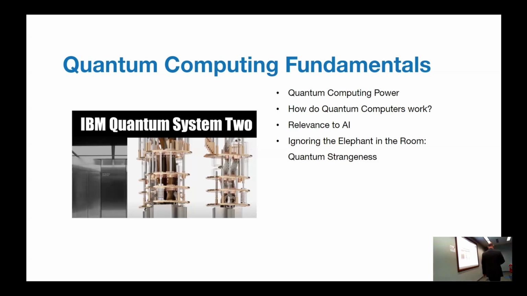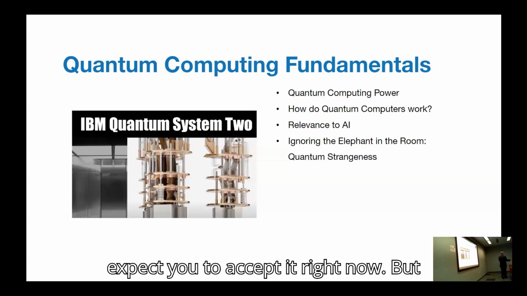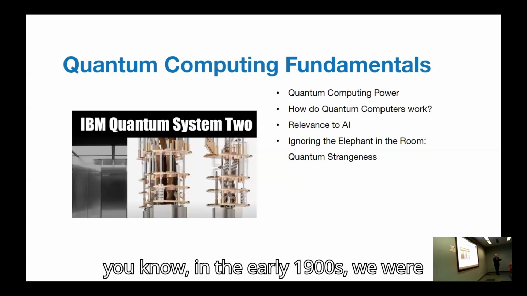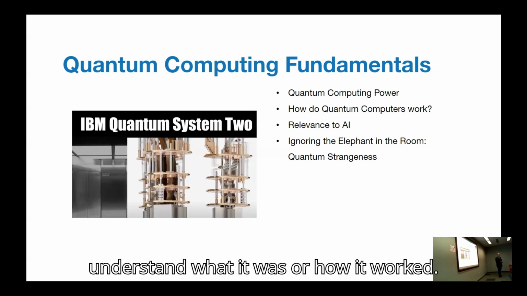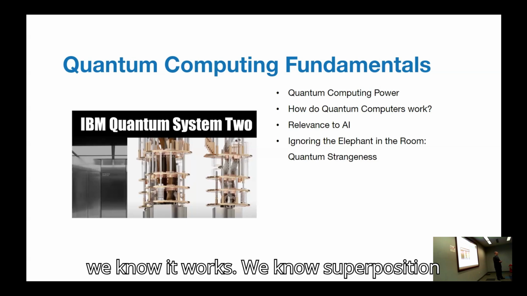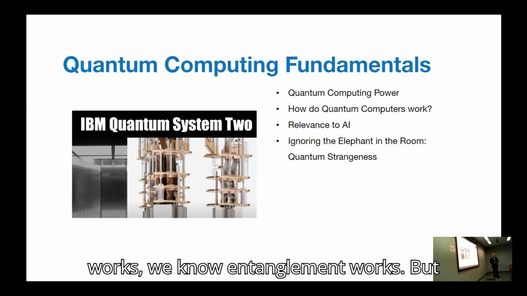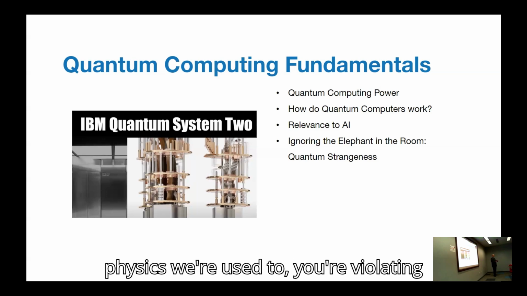All right, now, this took me forever to accept. I don't expect you to accept it right now. But in the early 1900s, we were using electricity, but we didn't really understand what it was or how it worked. Now, with these quantum principles, we know it works. We know superposition works, we know entanglement works. But from your classical mindset and the physics we're used to, you're violating locality.